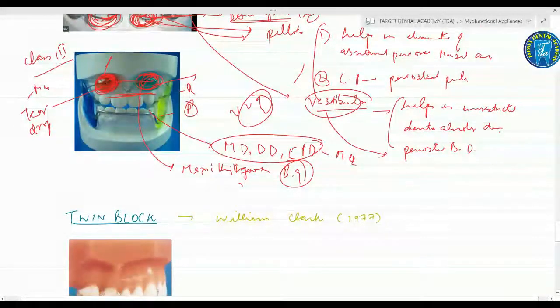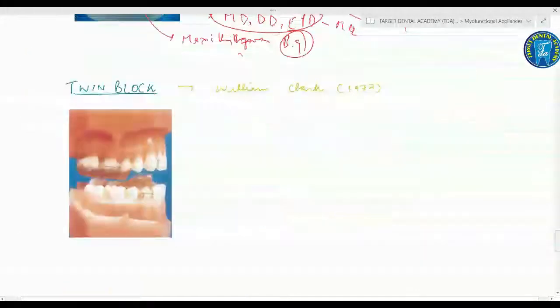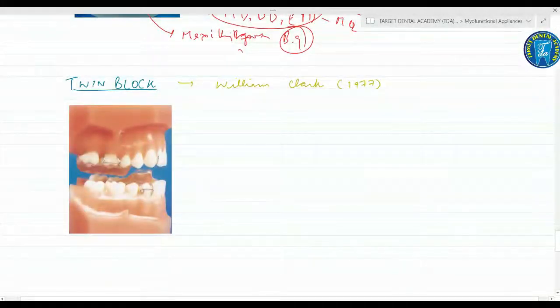So after this, next is the twin block, which is most commonly used nowadays and is also very important. Fine. So the twin block was given by William Clark in the year 1977. It is a myofunctional appliance which consists of inclined planes, with intermaxillary and extraoral traction.